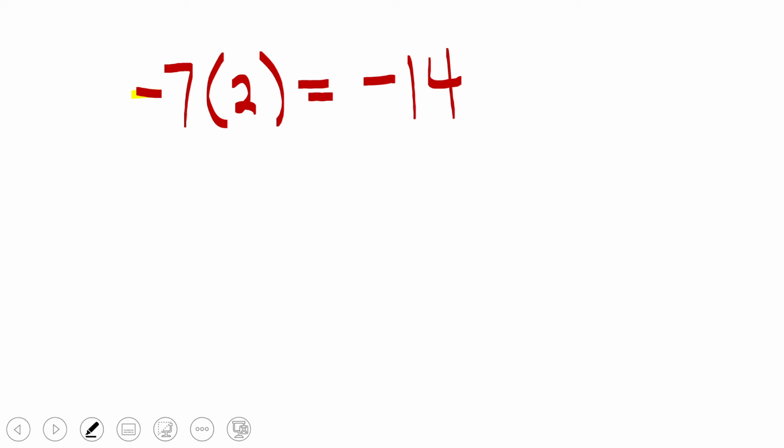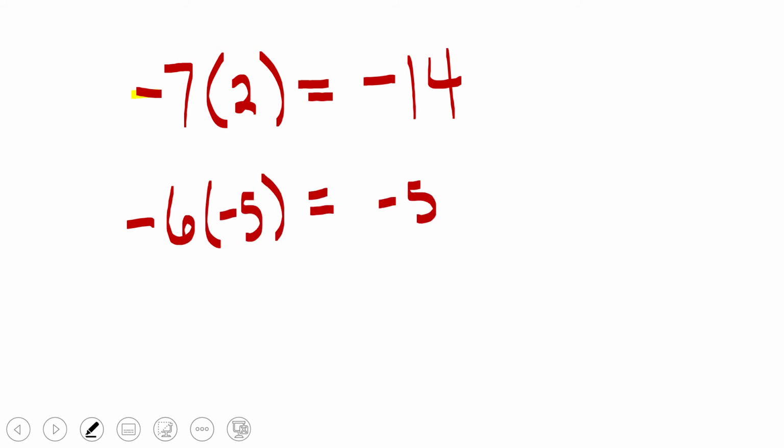The commutative property, that's the one where a times b is equal to b times a. So our example is negative 6 times negative 5. That is equal to negative 5 times negative 6.